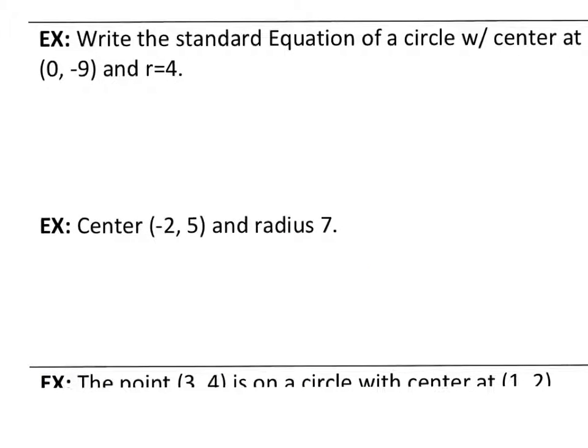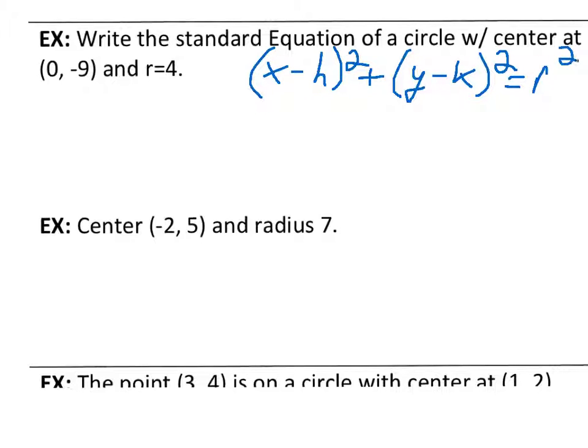So in this example, we want to write the standard equation of a circle, which is the thing that we just learned. And I give you the center and I give you r. So remember my equation is x minus h squared plus y minus k squared equals r squared. And I give you h and k.